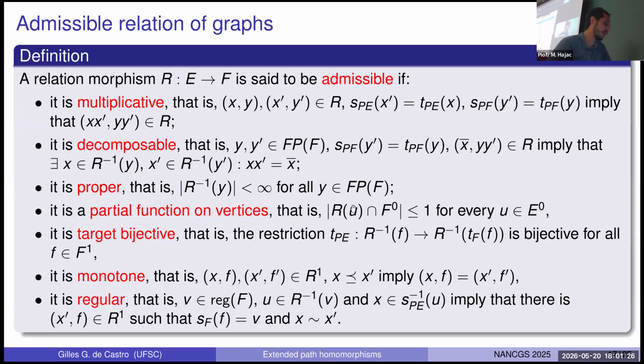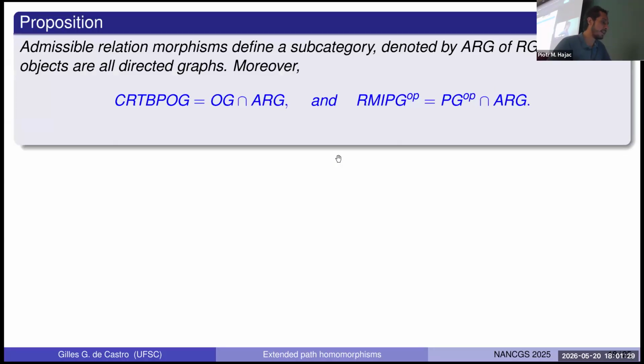And we have a category, and the old categories are subcategories of this new one. So we have a subcategory of all the graphs with relation morphisms, to these admissible relation morphisms.